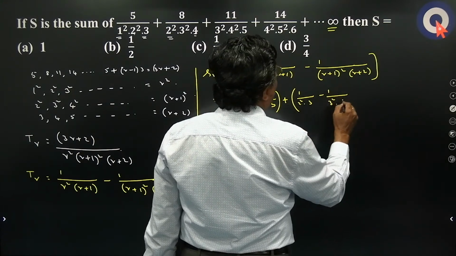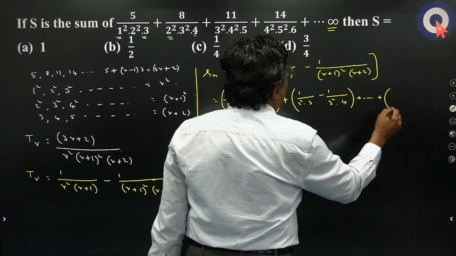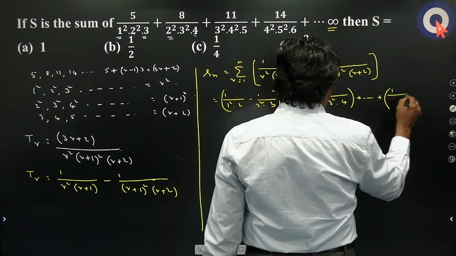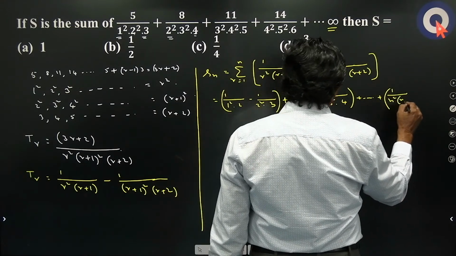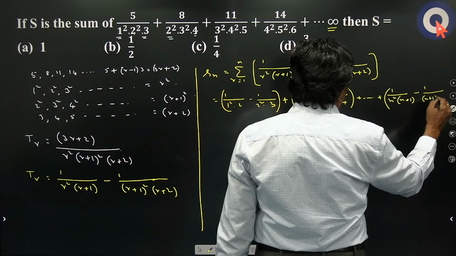Plus etc. For r is equal to n, I get 1 by n square into n plus 1 minus 1 by n plus 1 whole square into n plus 2.